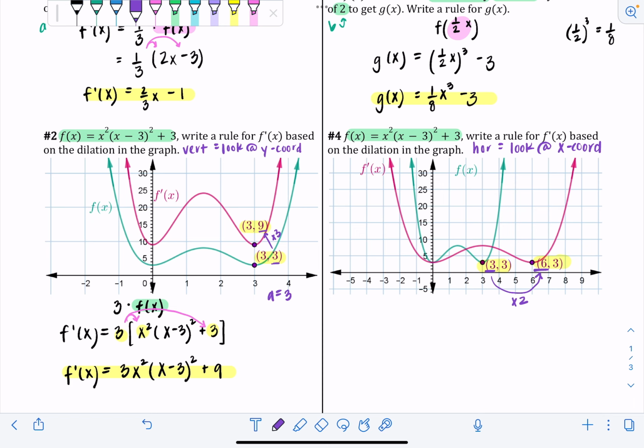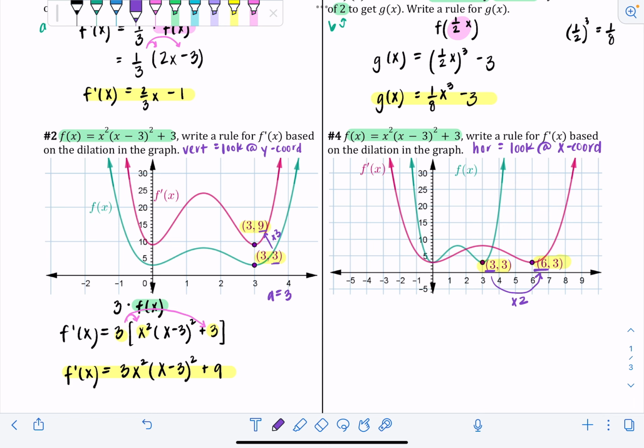We would still think of it in terms of multiplying. It would just be multiplying by half. So if it looks like you're dividing by a number, think multiplying by the reciprocal of that number. Like in the case of number 2, if I was going from 9 back to 3, if the red one was my original function and the green one was the one I was going to, then my scale factor would be 1/3.